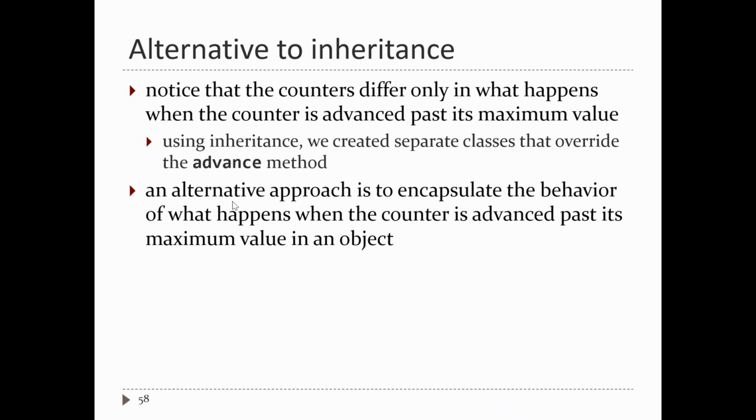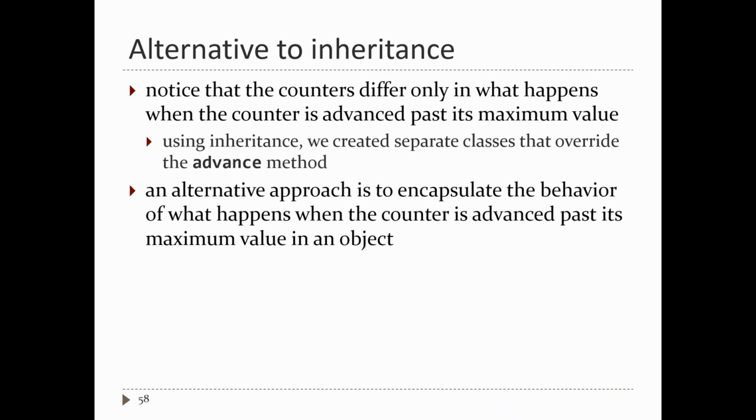There is a different approach here that you could take. You can create an entire new class that describes the behavior of what happens when a counter is advanced past its maximum value. You can then use composition to hold an instance of that class inside your counter.